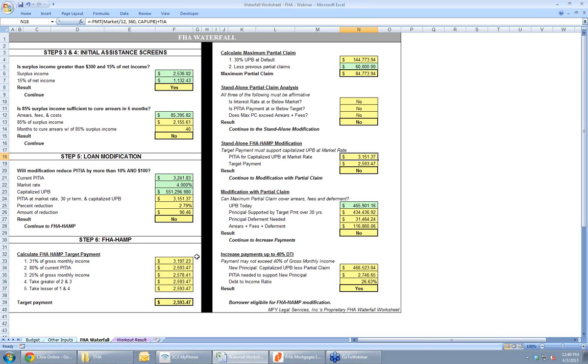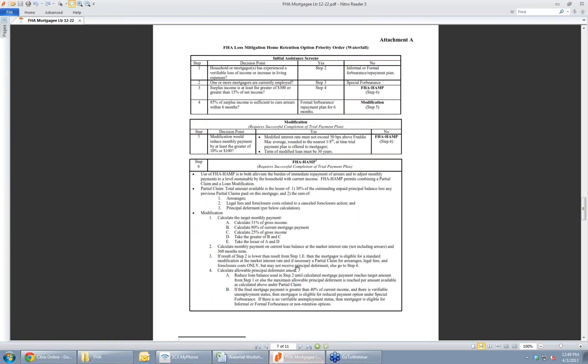And those first 2 steps don't really require any calculations. You're asking first, is there verifiable income loss? Yes, no. One or more mortgagor is currently employed. Again, these don't require calculations, so we're just going to expect people doing these assessments to know these rules, and they won't proceed to the waterfall if they get caught in one of these earlier steps.